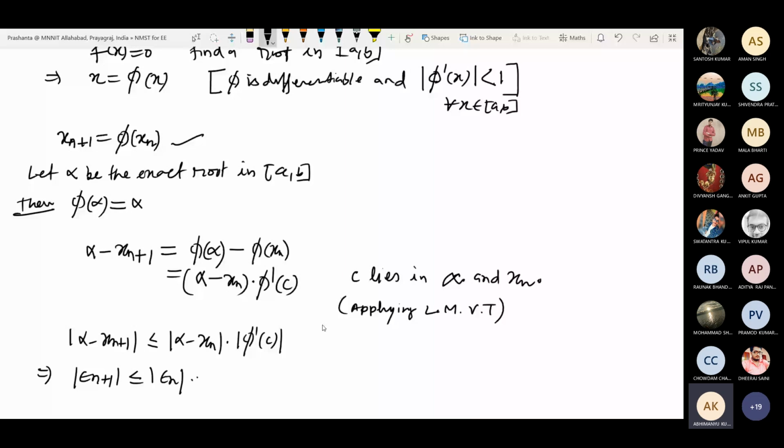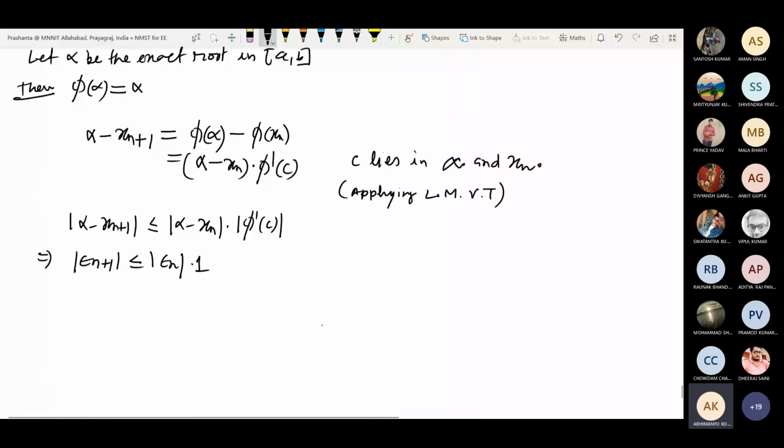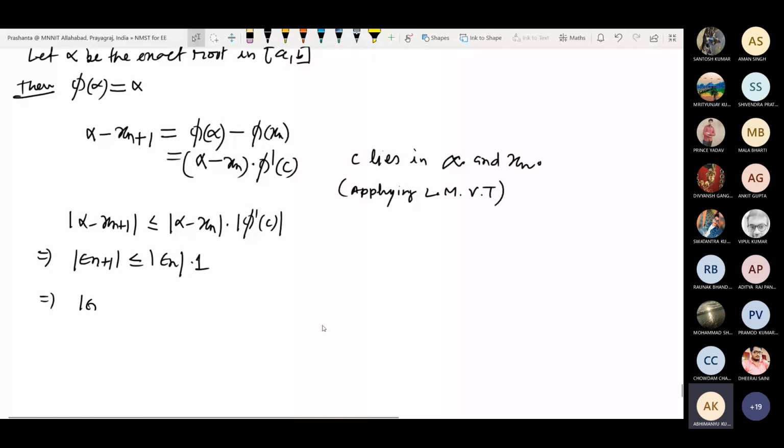So you are getting mod of epsilon n plus 1 is less than or equal to mod of epsilon n. So if you compare with the definition of order of convergence, epsilon n plus 1 less than or equal to c times epsilon n to the power p, what is p? And what is c? 1. p is 1, c is 1. So the order of convergence of the successive approximation method is 1.